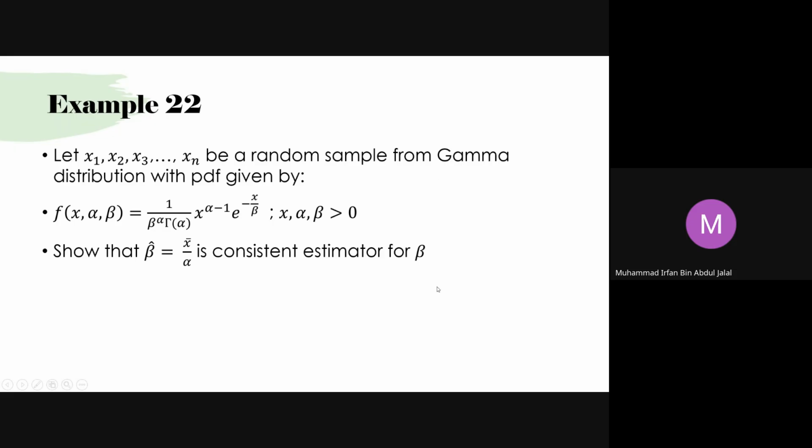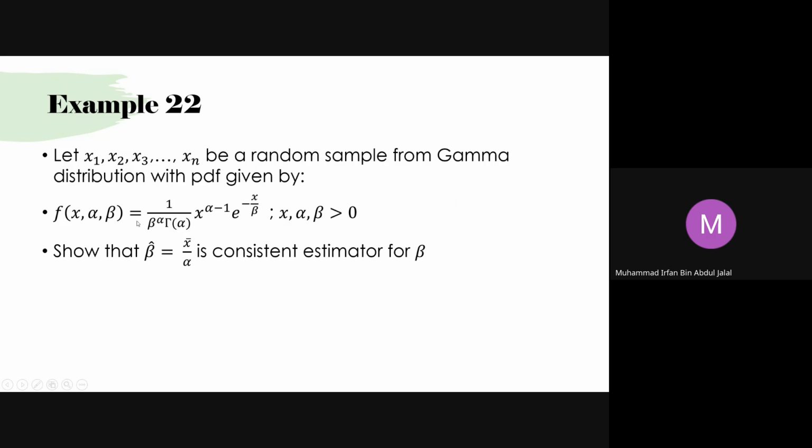Gamma distributions have two parameters: the first one is alpha, the other one is beta. That's the reason why the exponential distribution is a special case of the gamma distribution, where it only has one parameter. Based on your previous lecture, hopefully you still remember that.